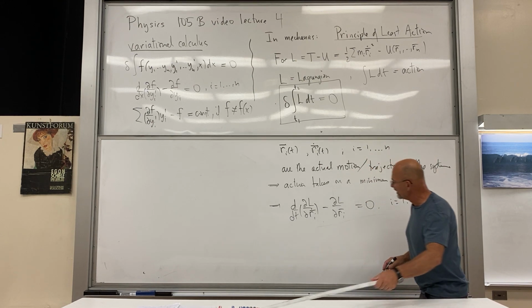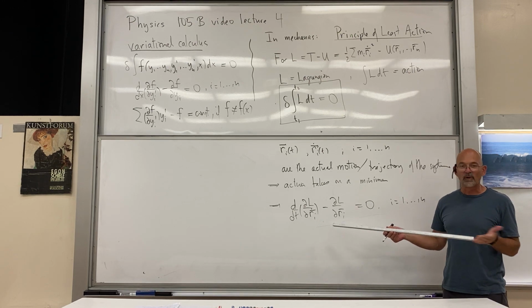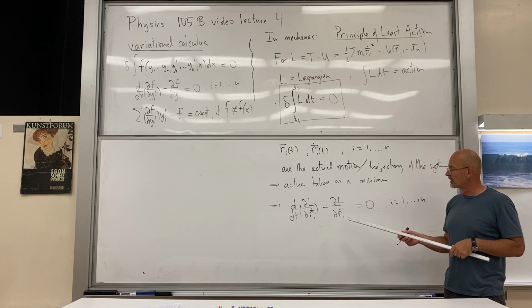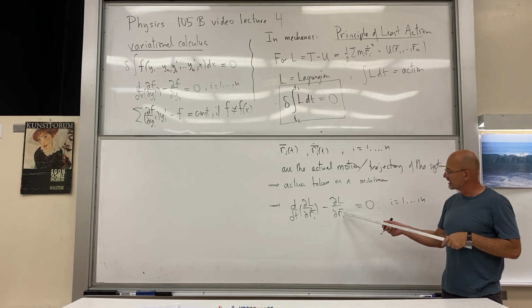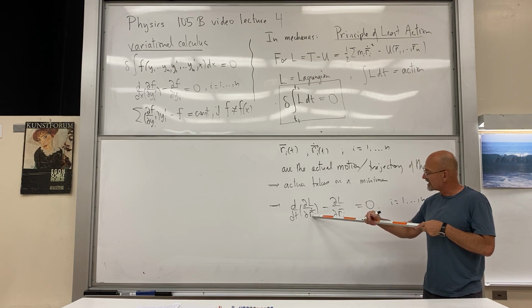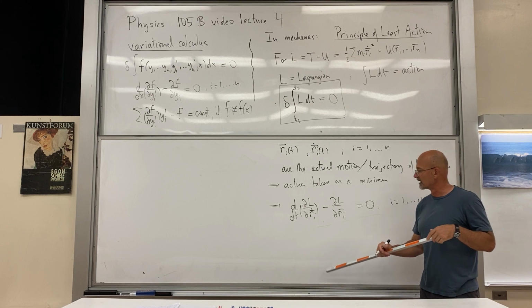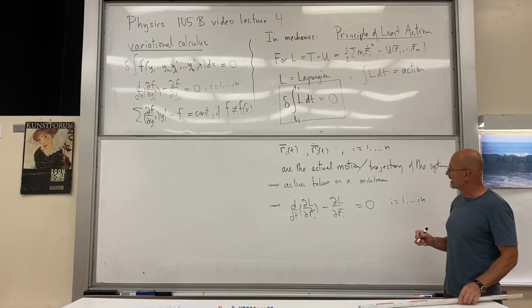So these are 3 equations at a time. If I do a partial with respect to the vector, that's a gradient, as we've been doing before. We called it gradients of i recently. And this is the partial of the Lagrangian with respect to r sub i dot, so those are also 3 derivatives. But that's the form of the Euler-Lagrange equation.